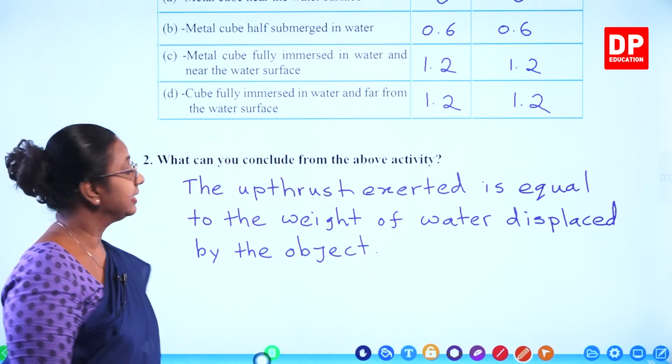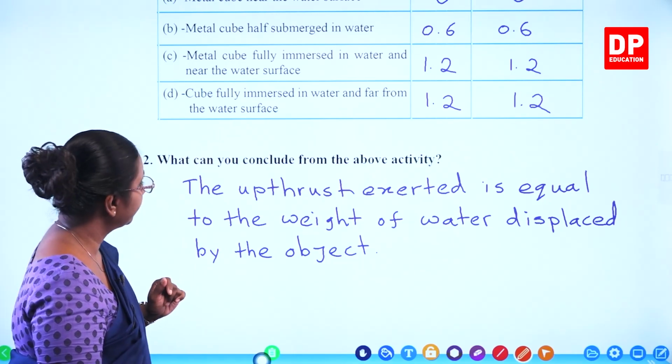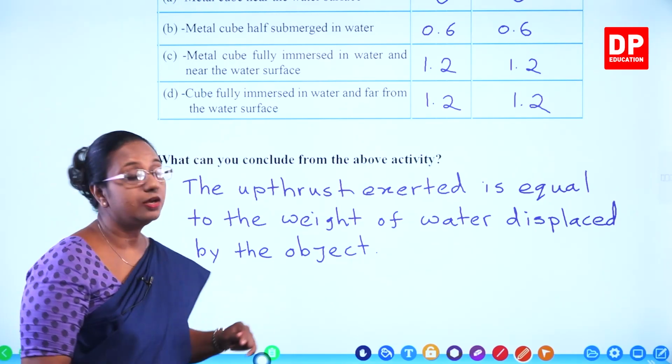So that is the conclusion. The upthrust exerted is equal to the weight of water displaced by the object.